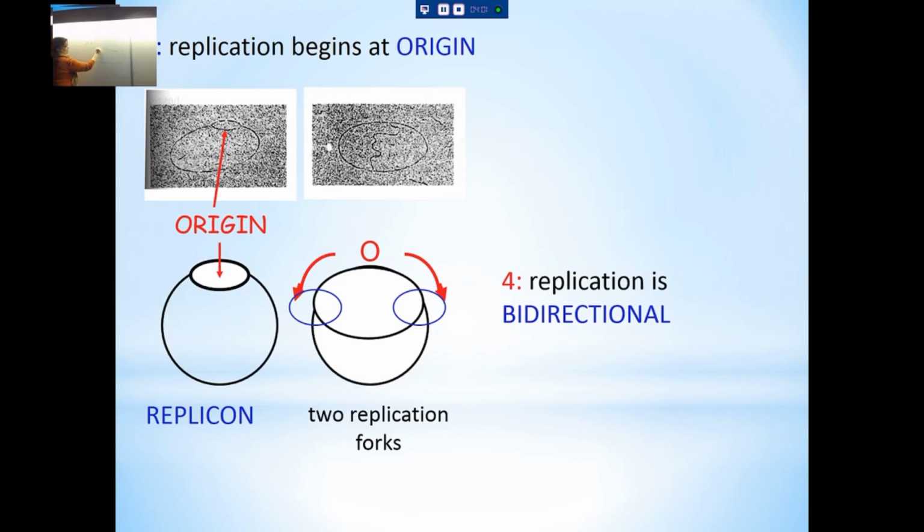We have our little origin of replication, and we know that when the DNA melts in this area and DNA polymerase associates itself in that melted area, it moves in E. coli in two directions. So we call this bidirectional replication, and it results in two individual replication forks being produced in a single molecule.